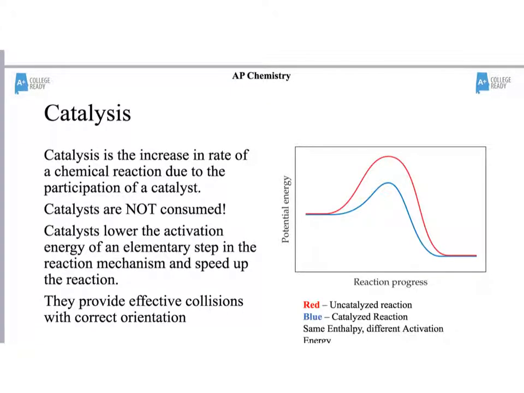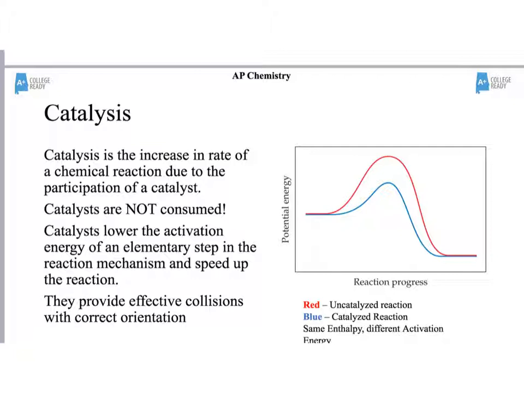So they increase the rate of a chemical reaction by lowering this activation energy. Catalysts are not consumed. They lower the activation energy of an elementary step in the mechanism and speed up the reaction so you can get to equilibrium faster or get to completion faster.